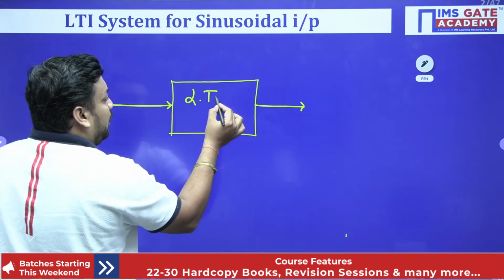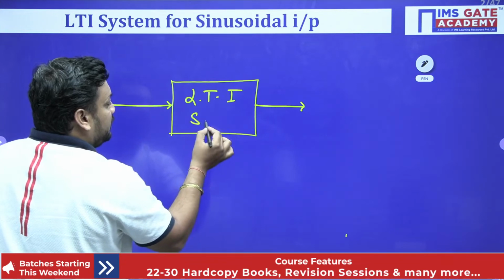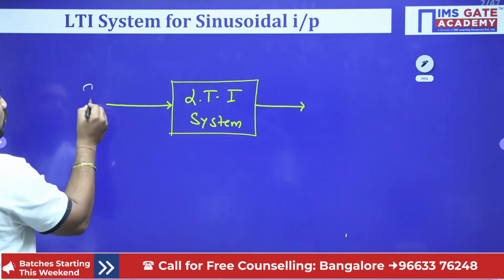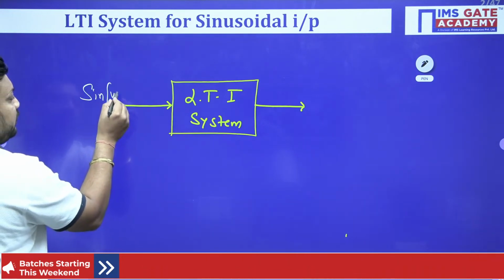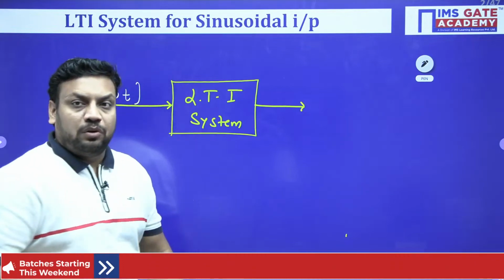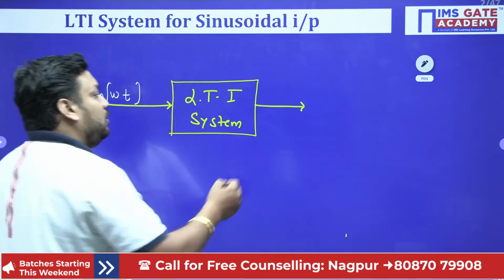So if I am applying the input as sin(omega t), then the output should also be sinusoidal but having different magnitude and phase.